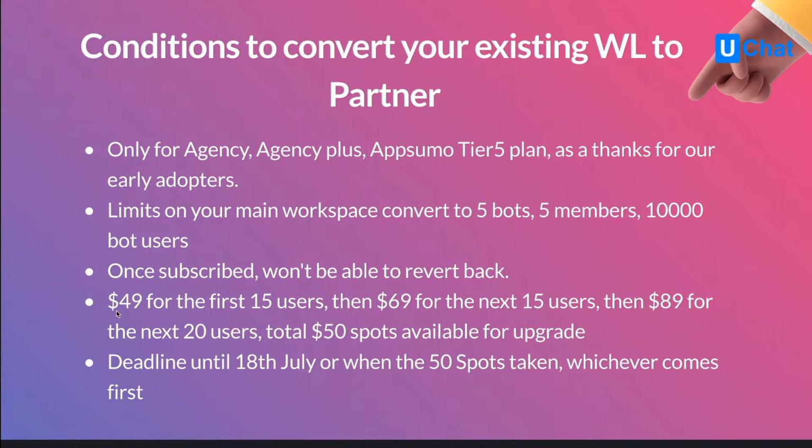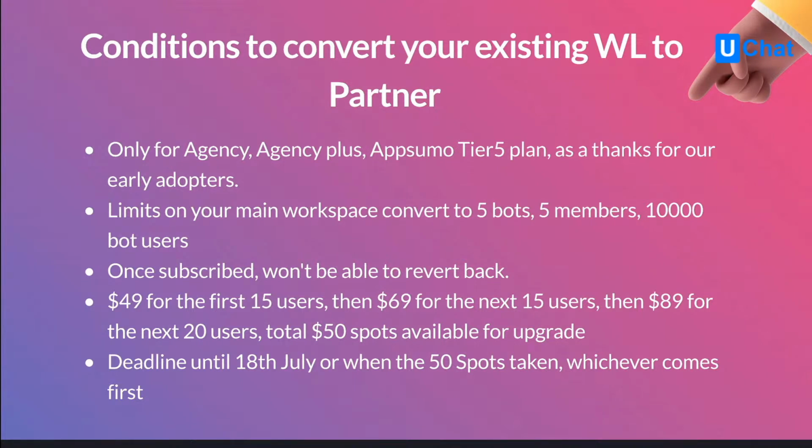And the next is we have the special price that is $49 per month for the first 15 users. Okay, today, right after I made the post, 5 spots are already taken. So technically, we only have 10 spots now, and then the next 15 users are going to $69 per month. Okay, and then the next 20 users are going to be $89 per month.